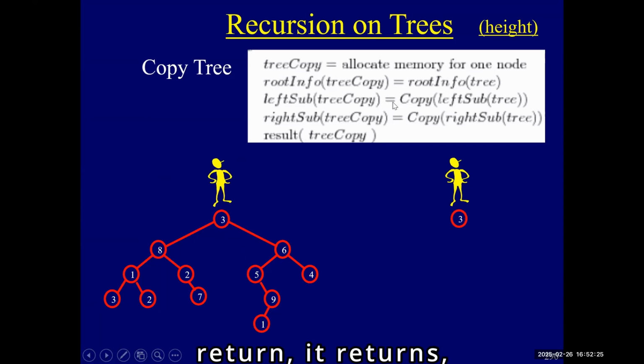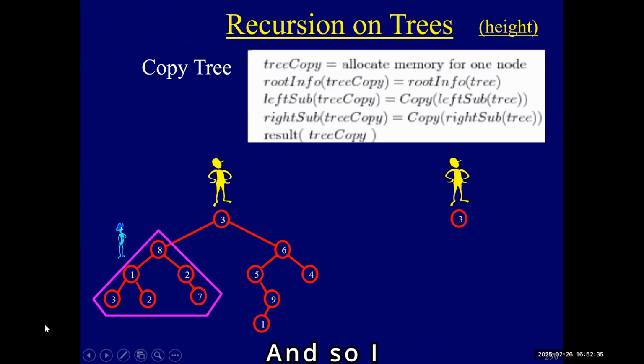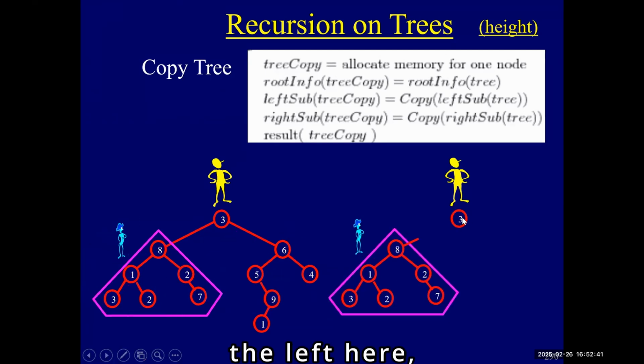And what does it return? It returns the pointer to the 8, or you could say it returns the 8. And so I get a copy. And what do I do with it? I store it in the left here, right?